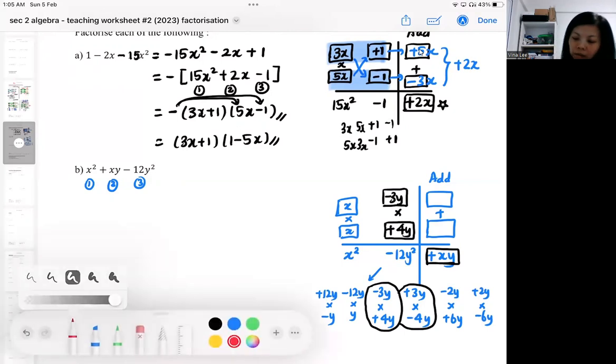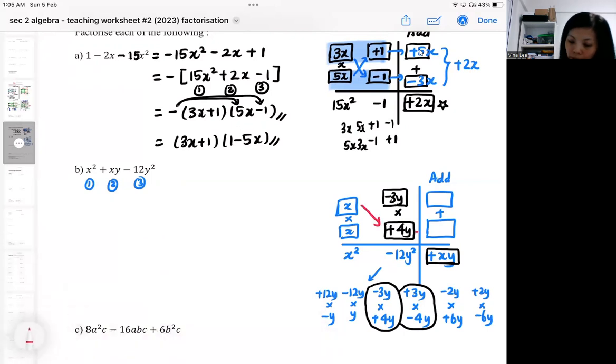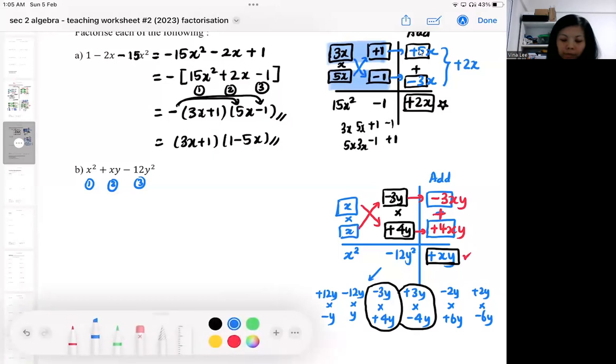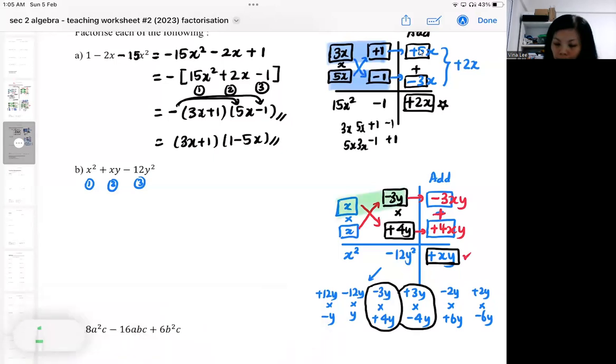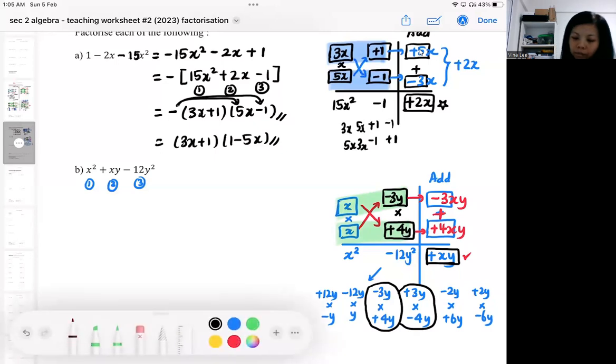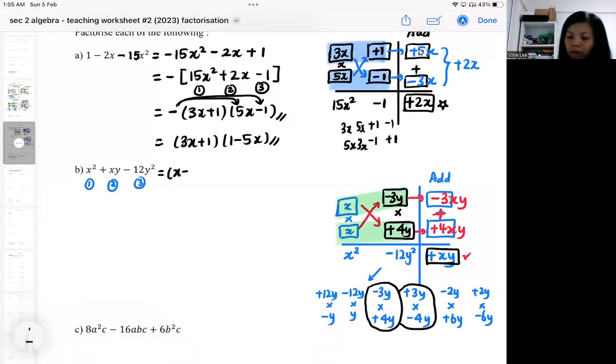Because this is going to give me the positive 4xy. This will give me the negative 3xy. And when I add them up, I get the positive xy. So these two will be my answer. So you will get x minus 3y. You will get x plus 4y.